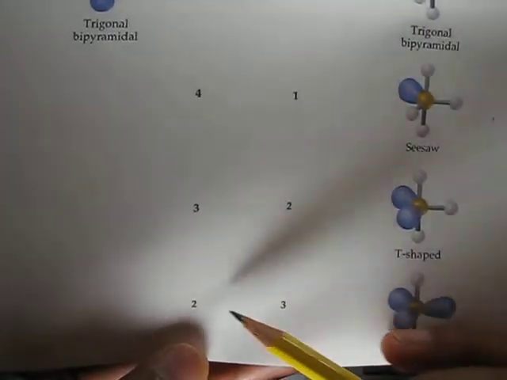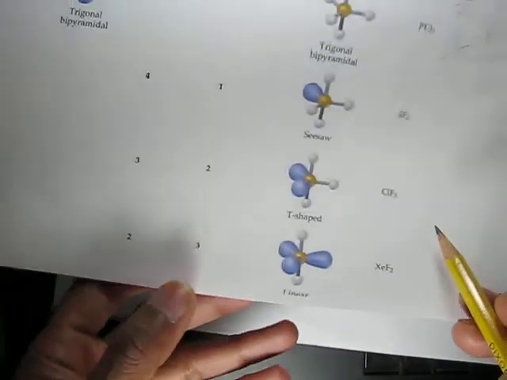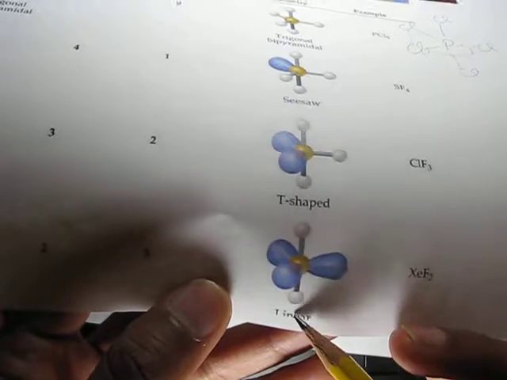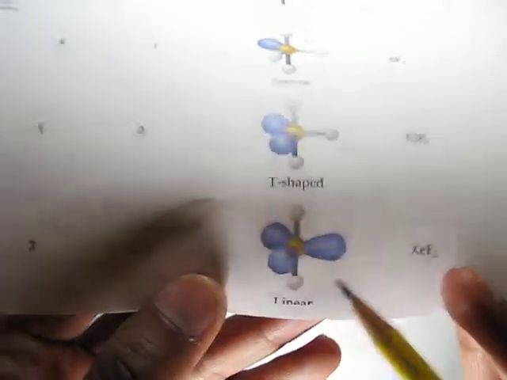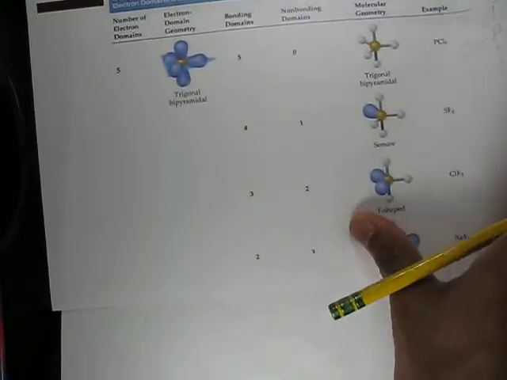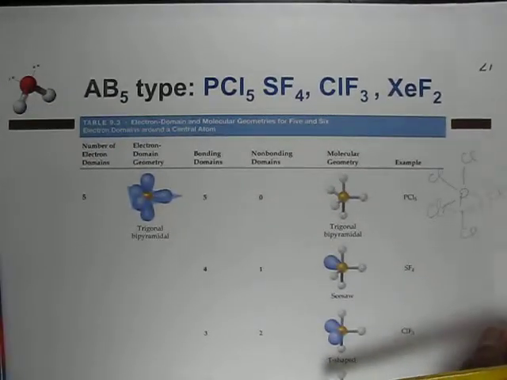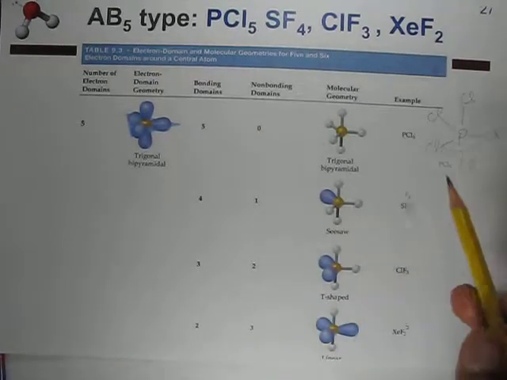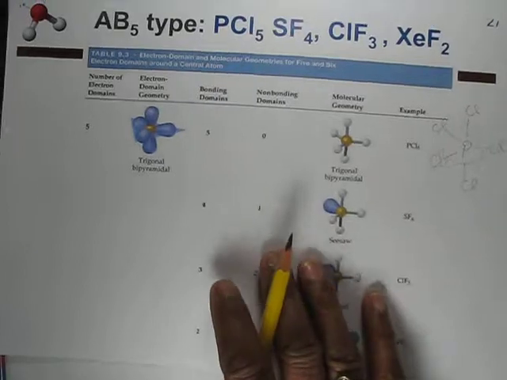If there are 3 non-bonding domains and 2 bonding domains, as in xenon difluoride, the shape becomes linear. These were the examples of the AB5 type. You must practice writing the Lewis structures of these so that you can understand better.